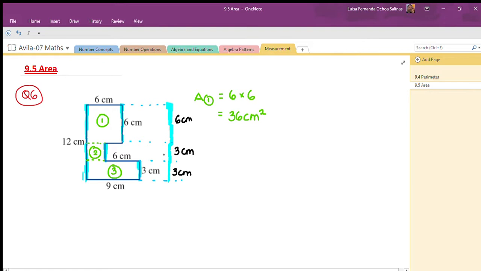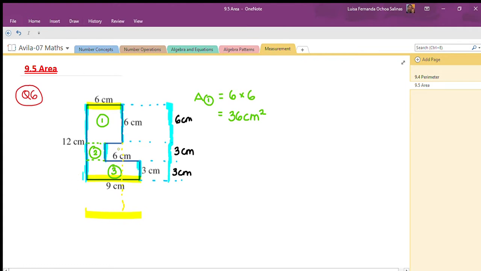Agree? So now for my area 2. And now let's look at this length here. So here I have 6 centimeters and here I have 9 centimeters. Okay, so if I use here again, this one is going to be 9 centimeters. Let's project those lines here. So if I project this line, I know that this bit that I just drew here is 6 centimeters.